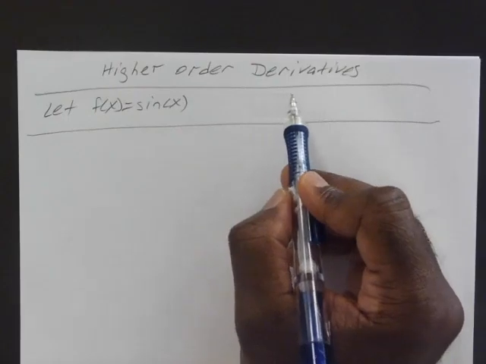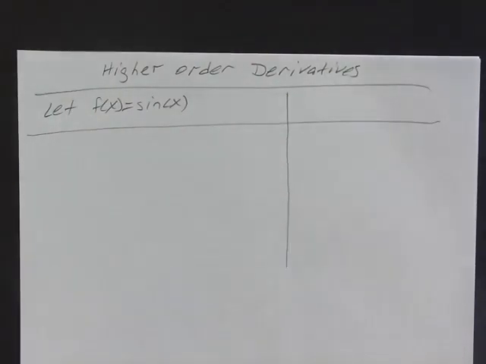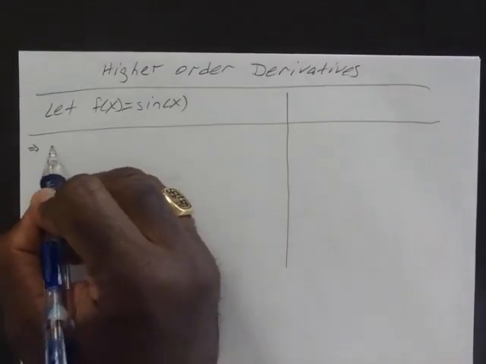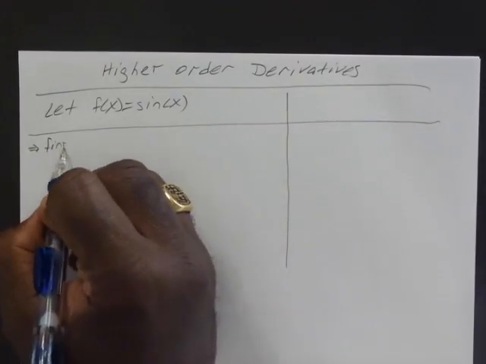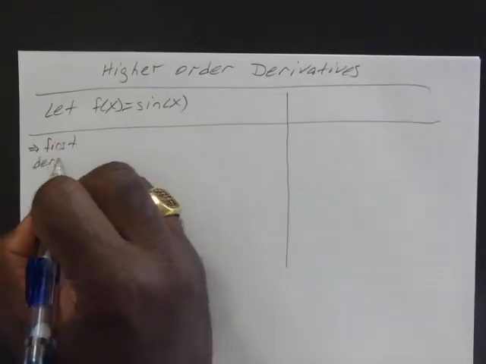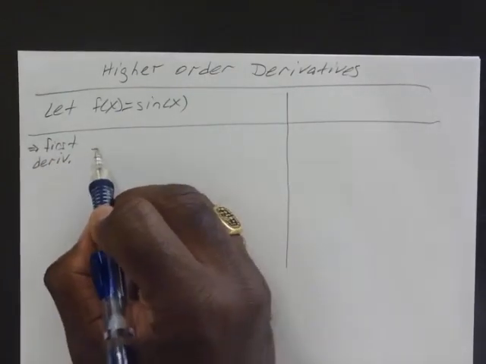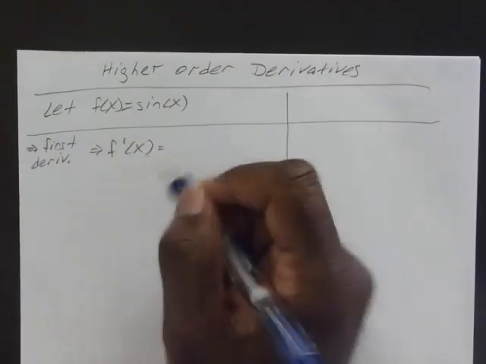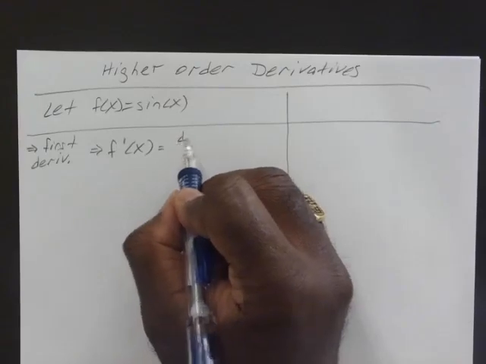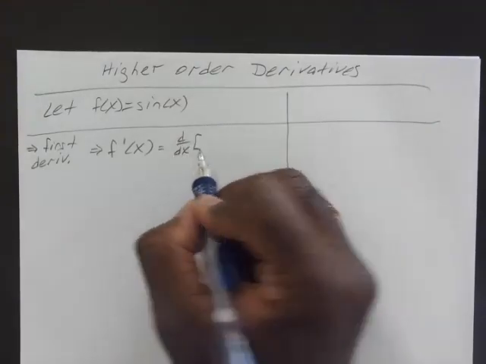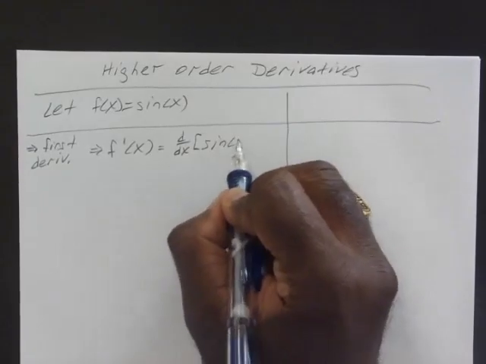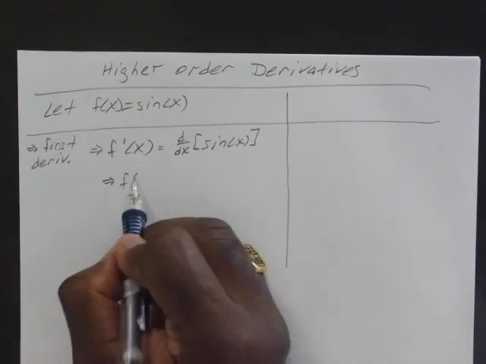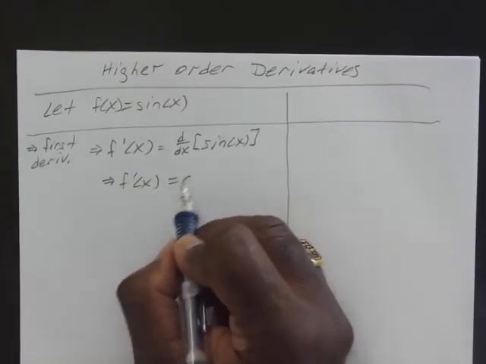So let's look at the first derivative. We know f prime of x is equal to the derivative of sine of x, which means that f prime of x is equal to cosine of x.